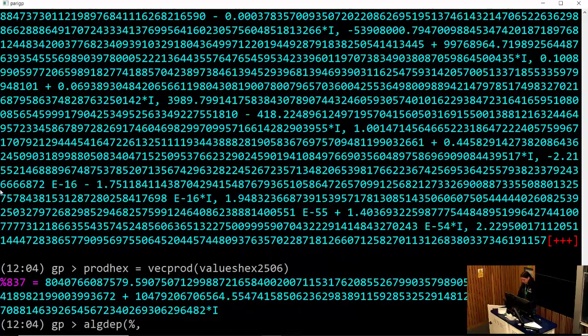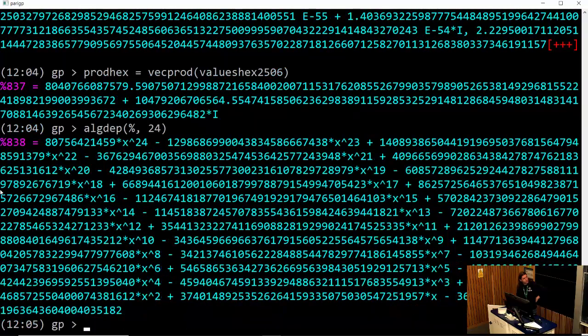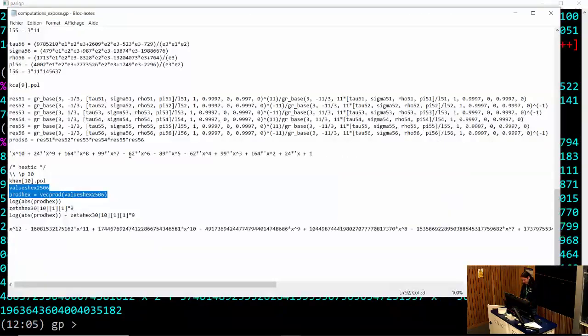Probably it's going to be algebra of something with 24, but it doesn't look to get a correct polynomial because I don't have enough precision on my computation. If I had more precision, I would probably try to achieve a better polynomial for my value. But the thing is, I probably need 2000 decimals, and this takes a very large amount of time.